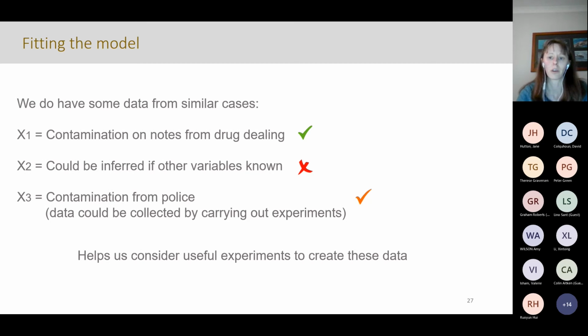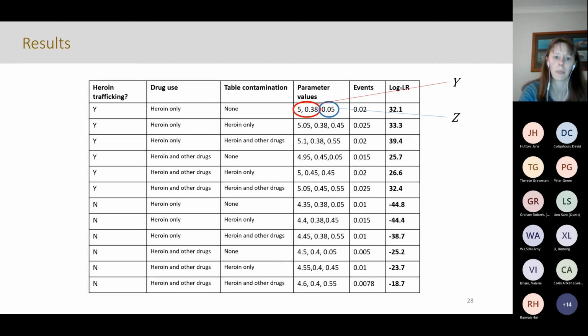So in order to figure out whether our model actually works and makes any sense, we made up some data based on prior knowledge about what these data would be expected to look like. We did this so that each one of these different scenarios, i.e. the rows in the table, are quite representative of what the different storylines are in our chain event graph.